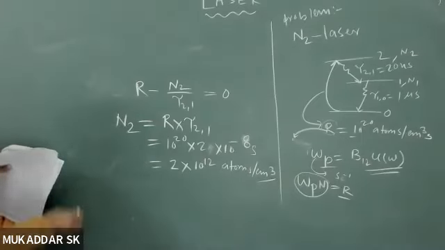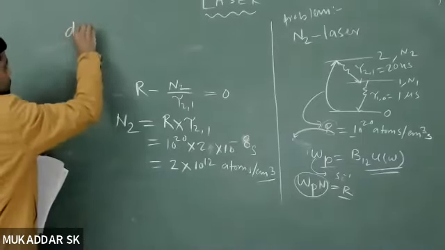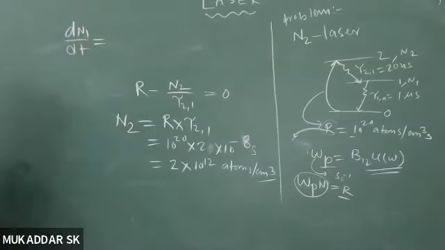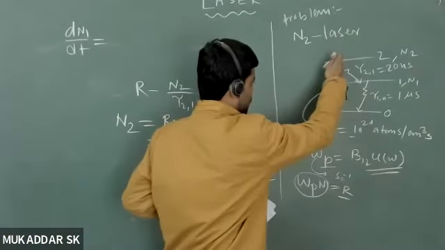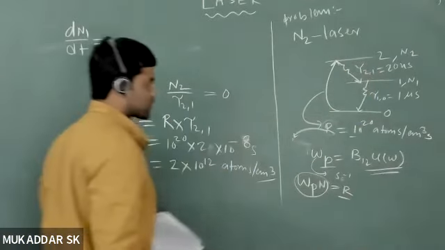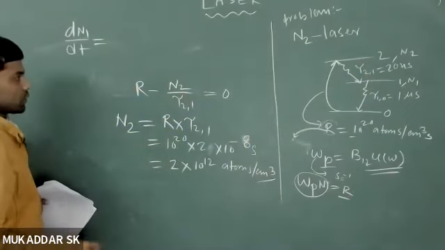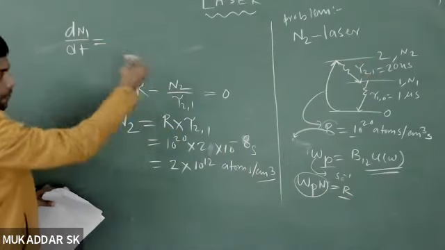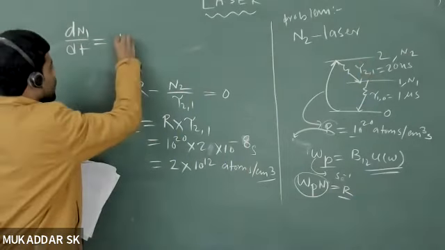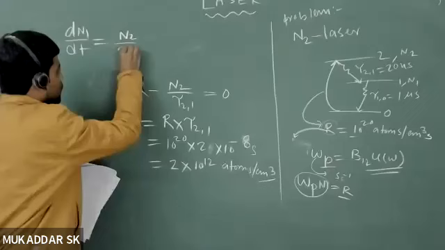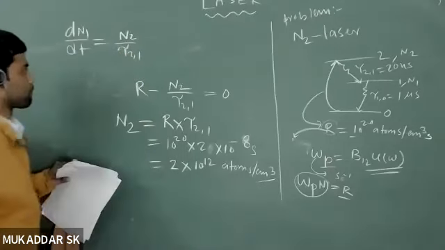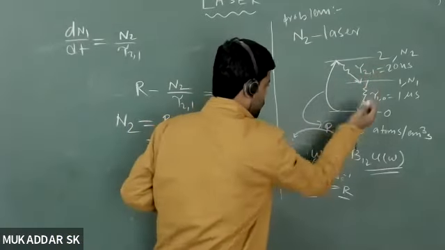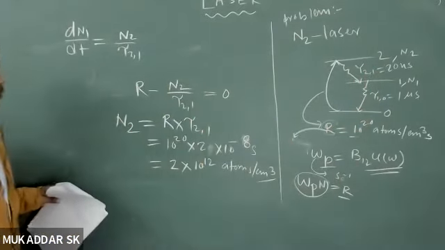Now similarly, total rate of change of population of level one, dN1 by dt, that will be how much? So this decay from 2 to 1, it will increase that population at what rate? So since this is increasing that population, I'll use plus sign. And at what rate? That will be N2 by tau of 2-1. But this decay from 1 to 0, it will decrease that population.